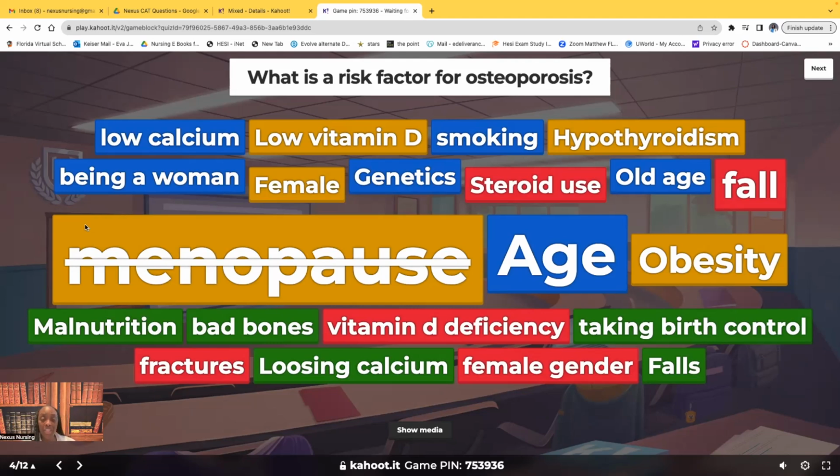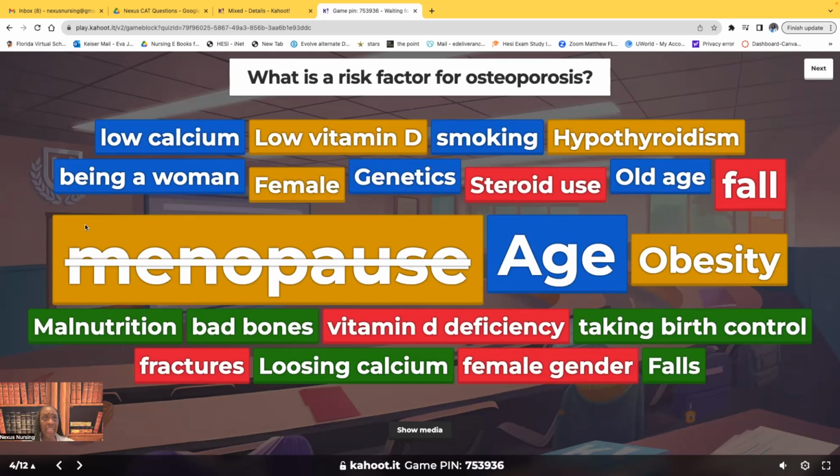So when the estrogen level is decreased, that allows the calcium that was hanging out in the bones to go back to the blood, right? And for men, as men get older, their testosterone levels tend to decline. Men with lower testosterone levels are also at risk for osteoporosis because as the testosterone level declines, the calcium, again, that was hanging out in the bones goes back to the bloodstream. So low testosterone for men, low estrogen for women.